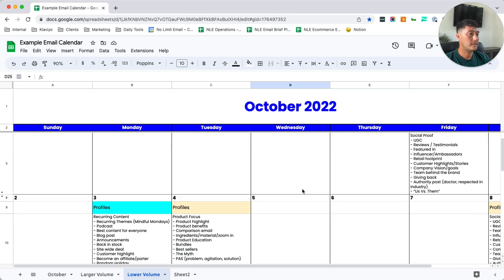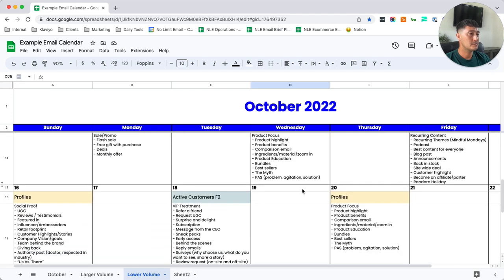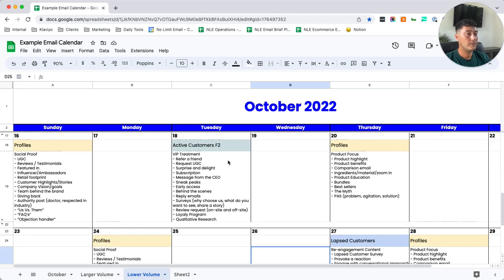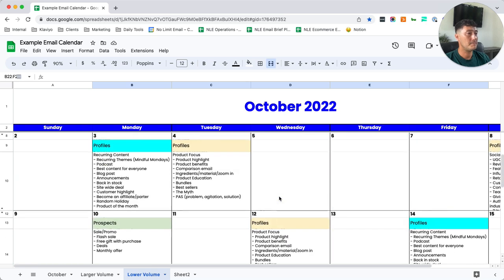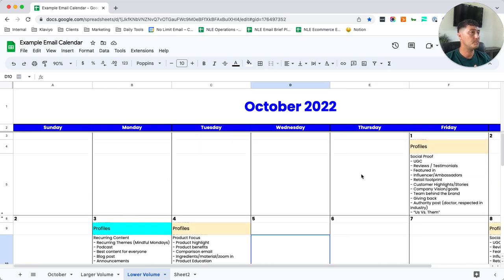Now you've got like 3 emails a week at least for the months where you're not going to do active customers and lapsed customers. Once again, just pop in something that's going to go to all profiles to get that maximum reach, maximum amount of opens, clicks to the website. Email is a game of impressions, just like Facebook ads are, just like all advertising is.